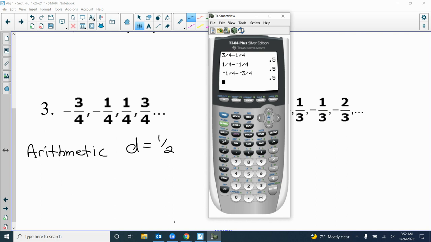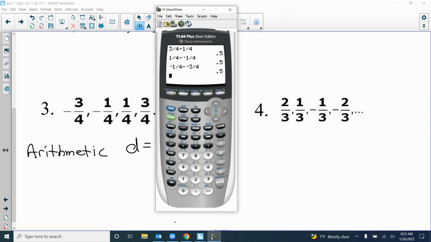All right, now do this with the fourth one. Do negative 2/3 minus negative 1/3. Now what is 0.3 repeating as a fraction? Or maybe your calculator gave it to you because you can type in fraction.